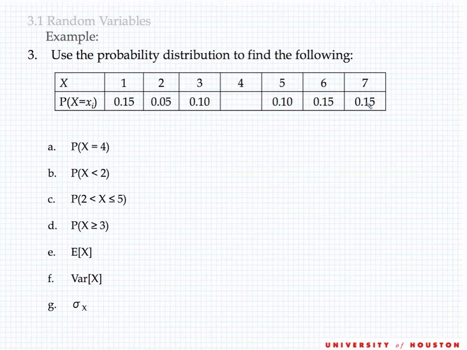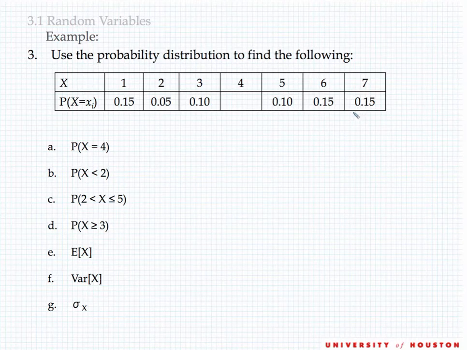Use the probability distribution to find the following. Well, our first question is asking for the probability that x equals 4, and that's blank. So we need to figure that out from our given information. Recall from the probability rules that the sum of all probabilities within our sample space should be 1.